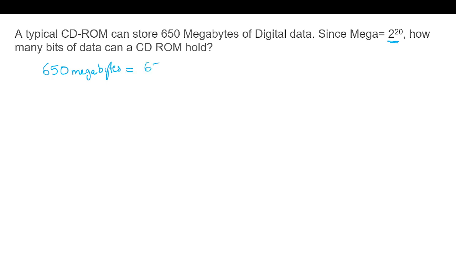So 650 megabytes means 650 times 2 to the power 20 bytes, and 1 byte is 8 bits. So it can hold 5,452,595,200 bits.